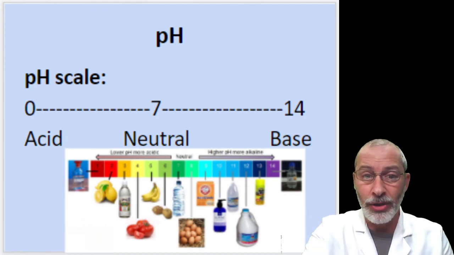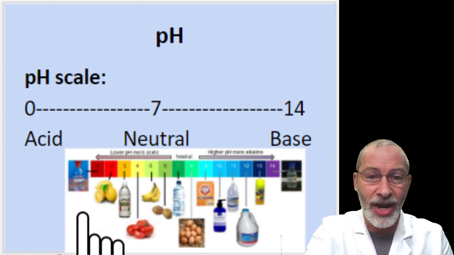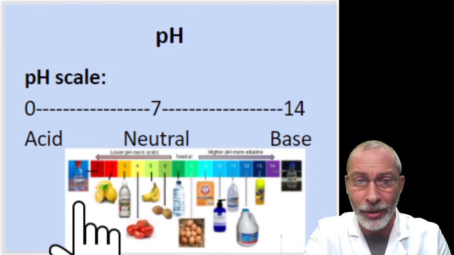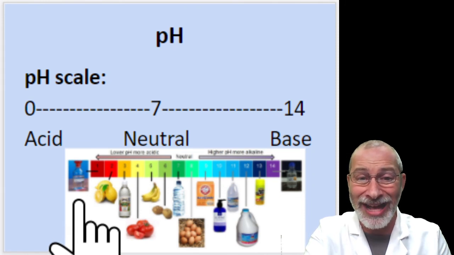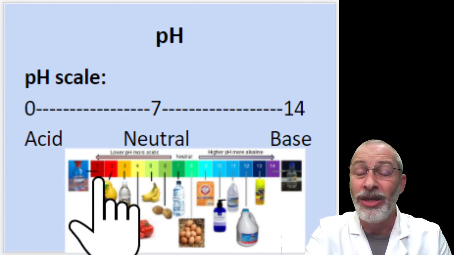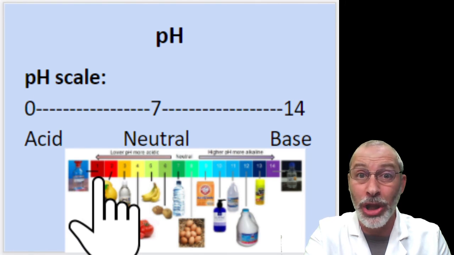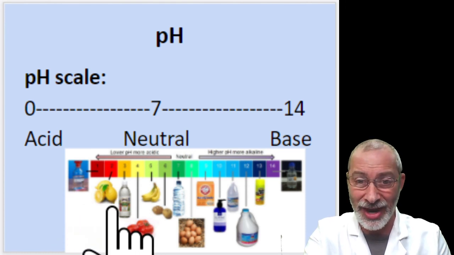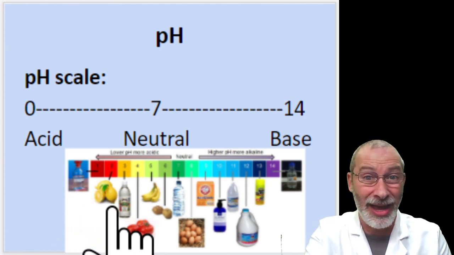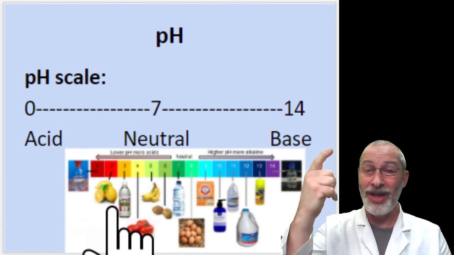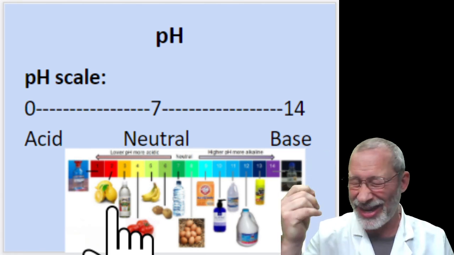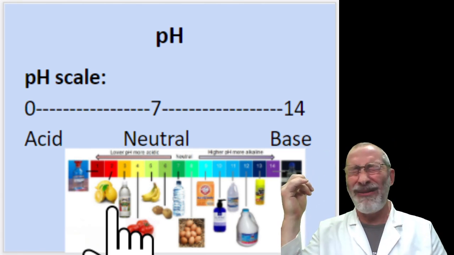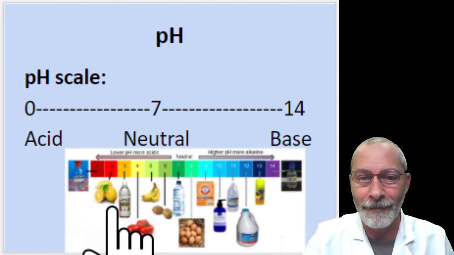So if we look at certain items on this diagram here, we've got hydrochloric acid with a pH of 1. You really can't get too much lower than that. A pH of 1 is super acidic. We got lemons there, pH of 2. Yeah, lemons are pretty darn acidic. That's why if you get it squirted in your eyeball, it's like, oh man, that burns. It's because it's acidic.